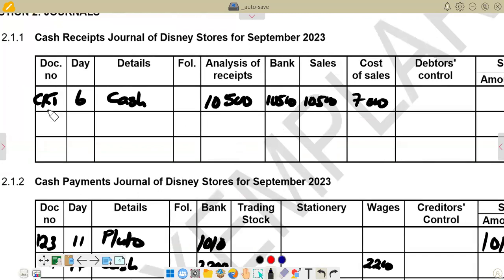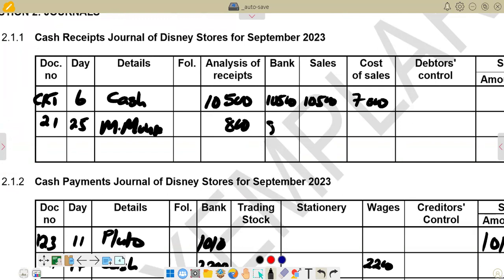Under document number, we have our 21. Yes, our document number. We have got our day of 25. Now the details say mouse. And then the amount that we have is 800.